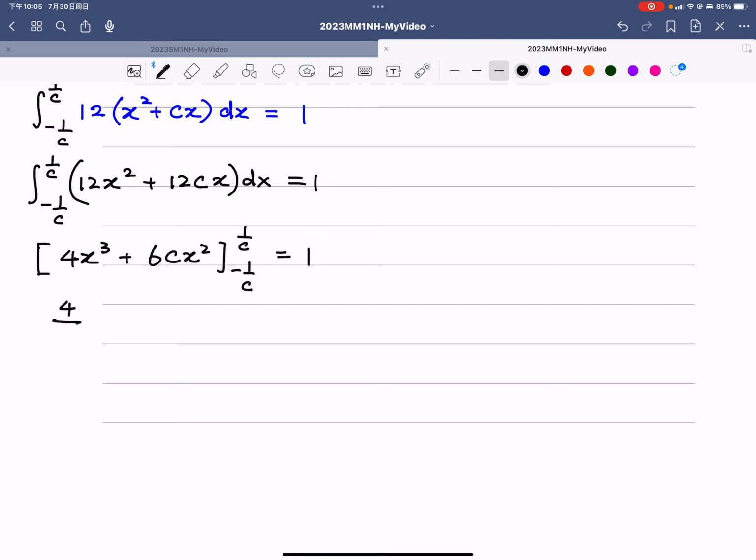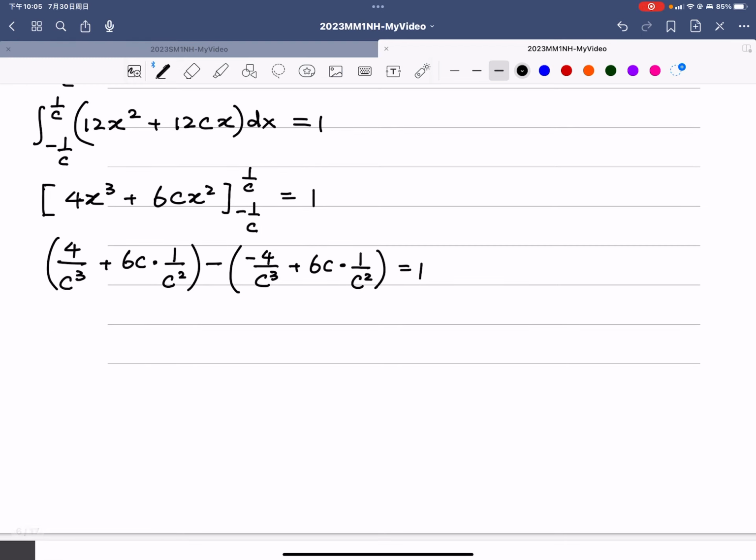So 4 divided by c to the power 3 plus 6c times 1 over c squared, subtract minus 4 divided by c to the power 3 plus 6c still multiplied by 1 over c squared, equals 1.